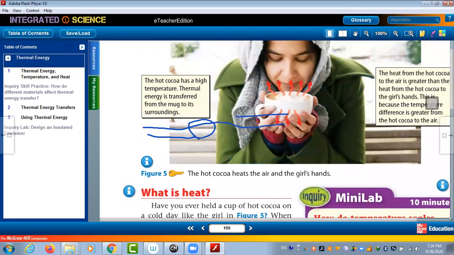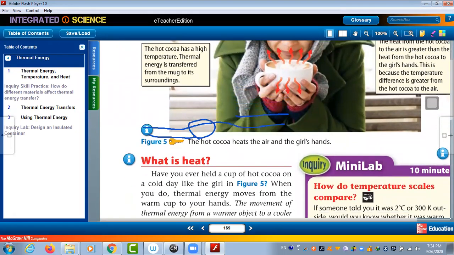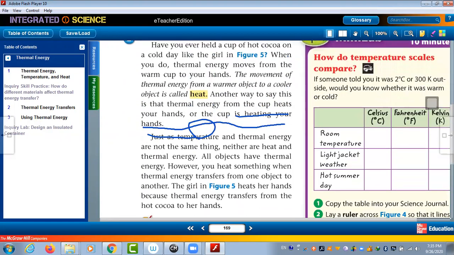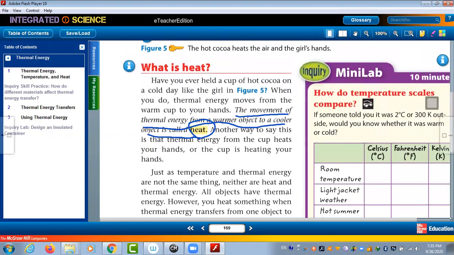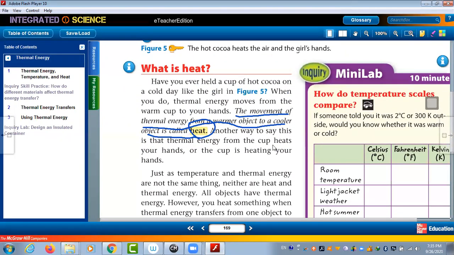The heat moves from the hot cup to the hand of the girl. So the movement of thermal energy we give a name, which is heat. The keyword here is the movement of thermal energy. Let's check if we have another point.